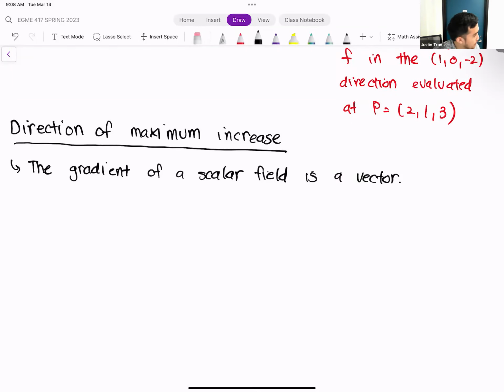And so this vector that the gradient produces actually points in a very significant direction. Okay? And that direction is the direction of maximum increase, just like the title indicates.